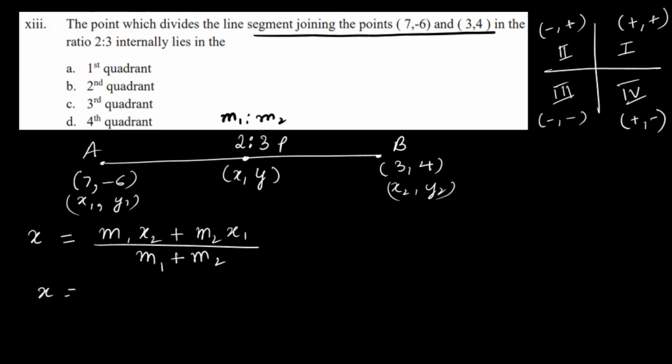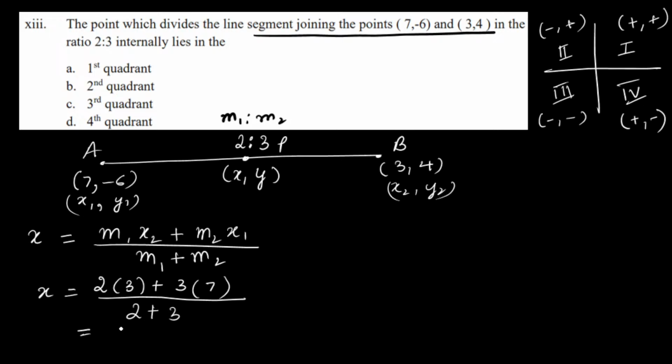Now x is equal to, we can substitute. M1's value is 2, x2's value is 3, plus M2 is 3, x1 is 7, by 2 plus 3. If you solve it, what will you get? This will be entirely positive, because all the values are positive, so this will be positive only.